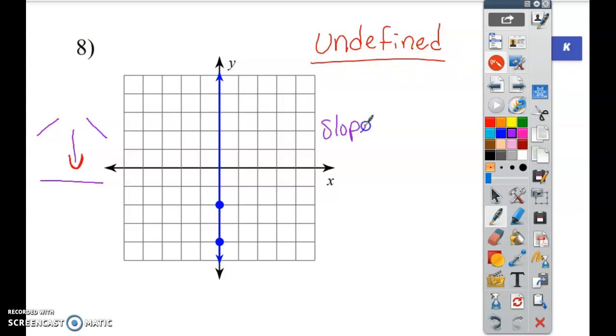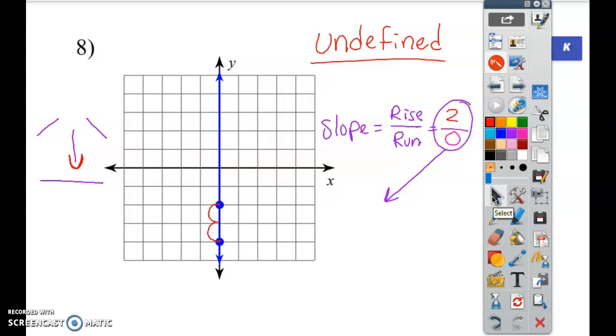Slope equals the rise over the run. Okay, how much do I rise? So from here to here, you rise 2. How much do you run? Do I go to the side at all? No, so that's 0. And I told you that if you have anything over 0, that cannot happen, right?